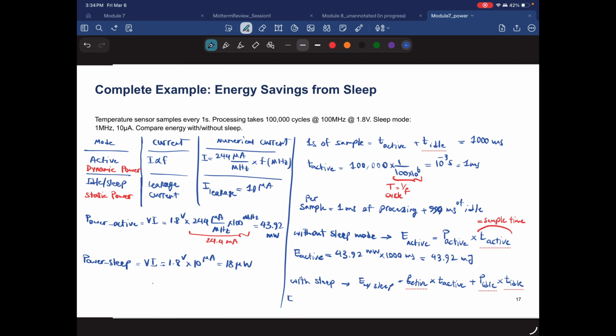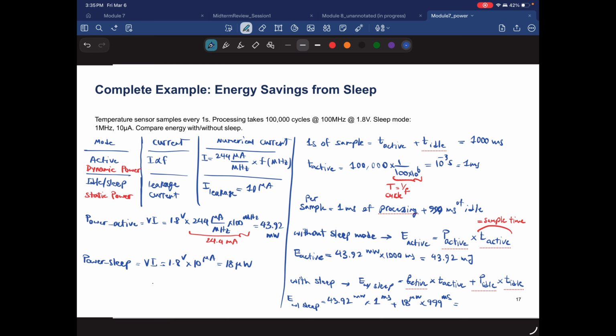So now E with the sleep is going to be... I'm really at the edge here, so it's going to be interesting to write. 43 milliwatt multiplied by 1 millisecond plus, what was our, 18 microwatt multiplied by 999 millisecond.